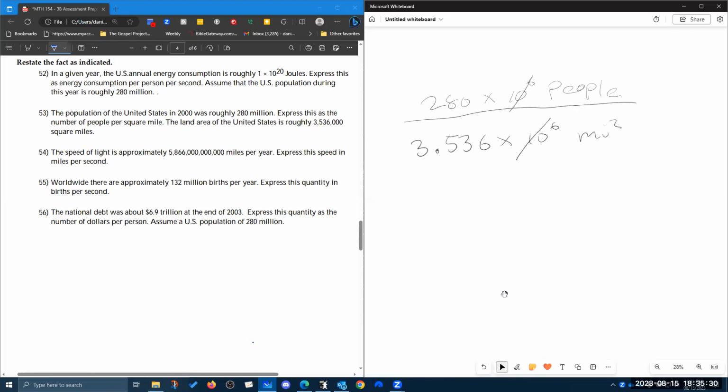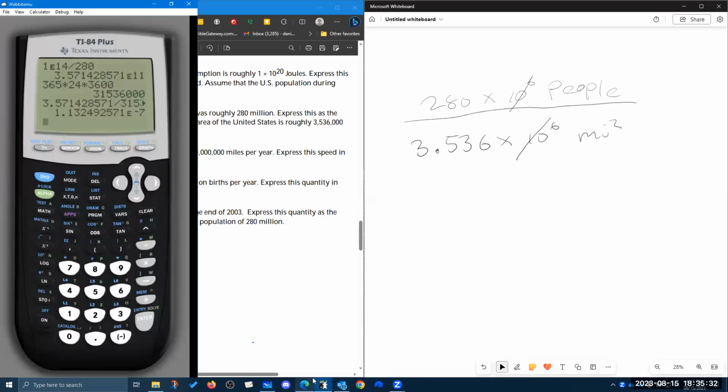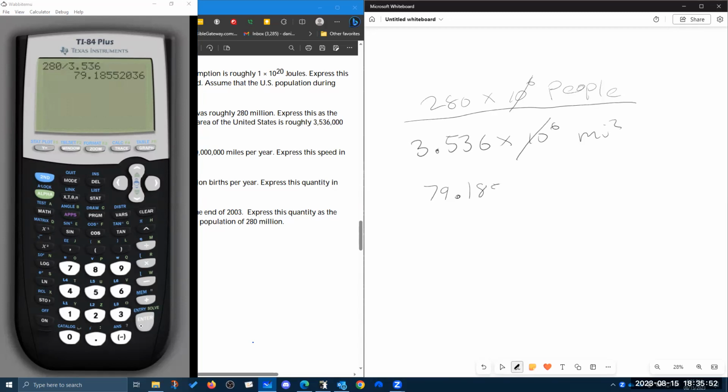So people per square mile, like so. Let's clear this. 280 divided by 3.536 is going to be 79.1855236.